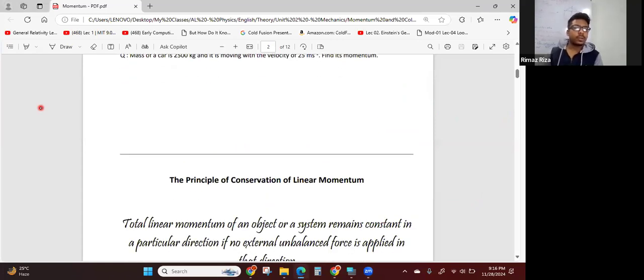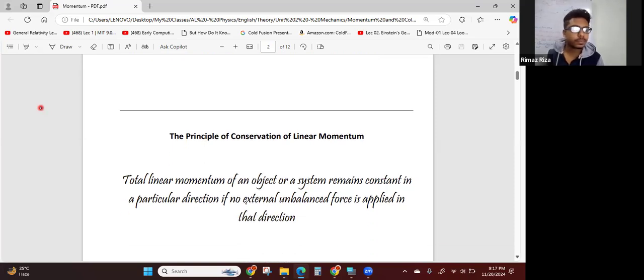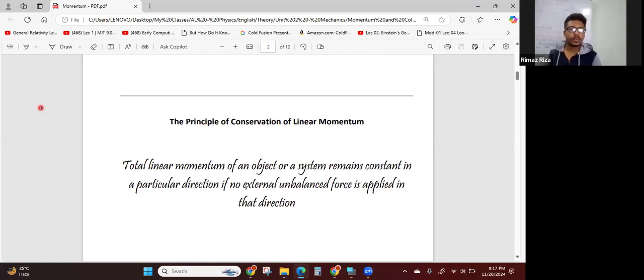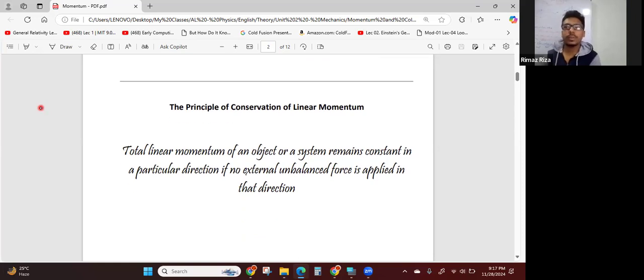Okay. So write down the topic, the principle of conservation of momentum, or linear momentum conservation principle.